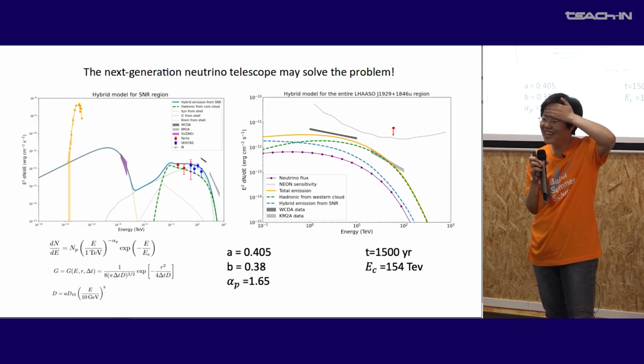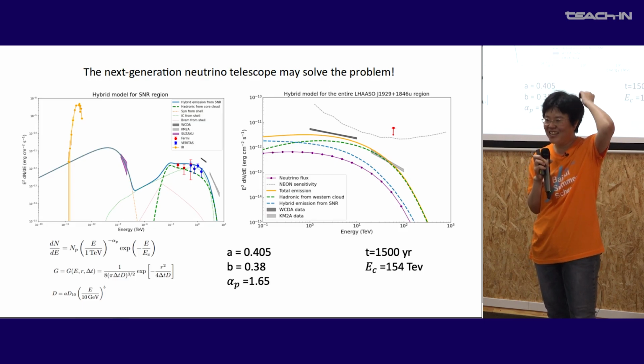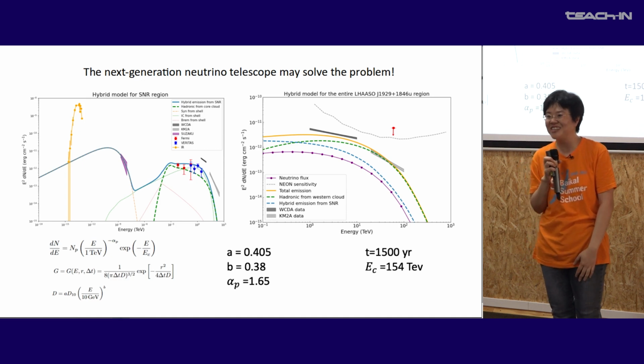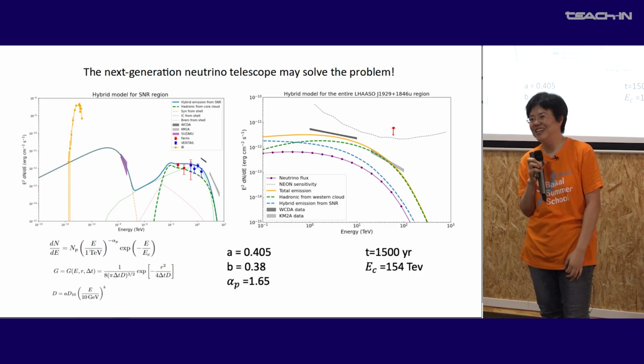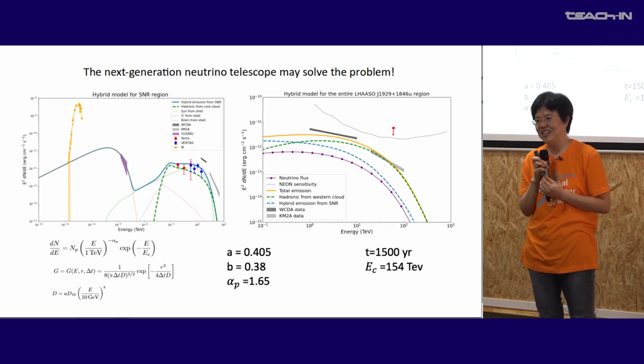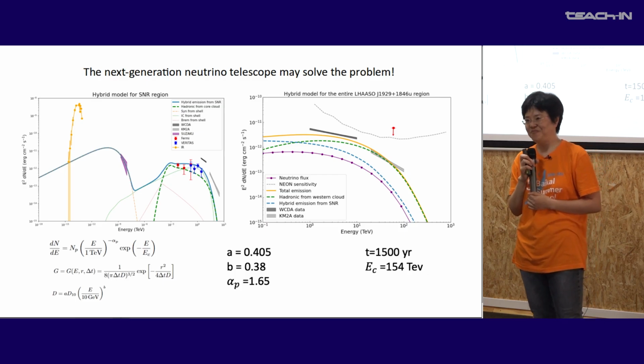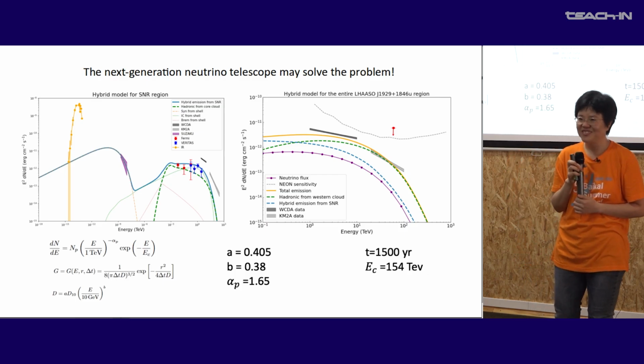How can we distinguish this neutrino from the near source or the far source in the same direction? That's probably super hard. That's why we cannot use neutrinos to get the redshift or the distance of the source. So maybe we can use gamma rays to distinguish these two sources. Normally we use optical. Okay. Thank you.